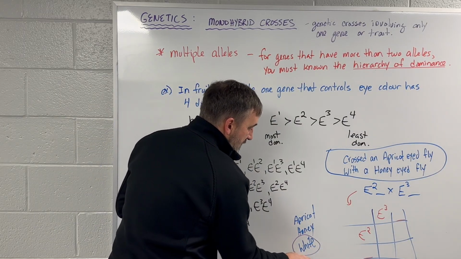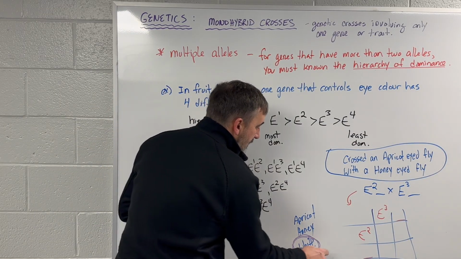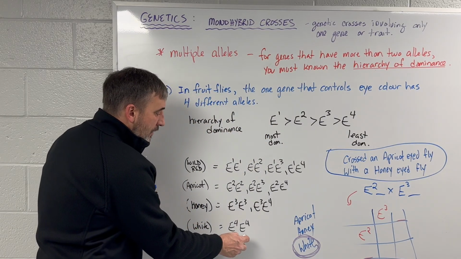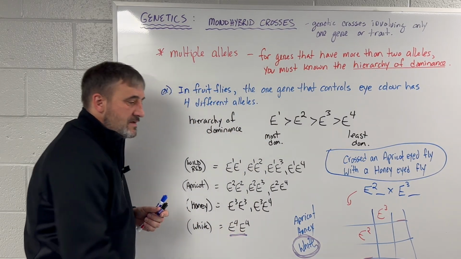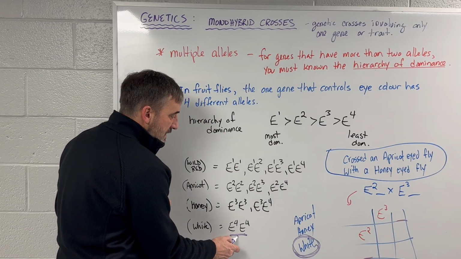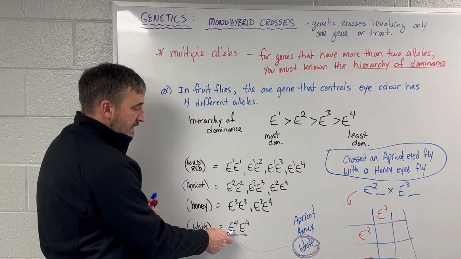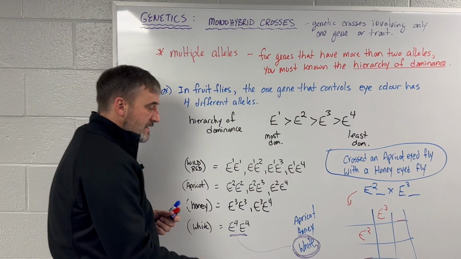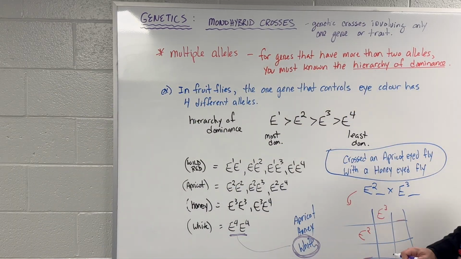That white-eyed baby that they had, we know the only way to get white-eyed babies, because it's the most recessive allele, is to have that homozygous condition for that recessive allele. So I'm going to put one of those individuals right here in the bottom right corner, E4, E4. This is a possibility of a type of a baby that we can have.